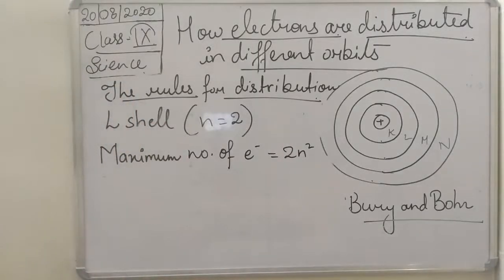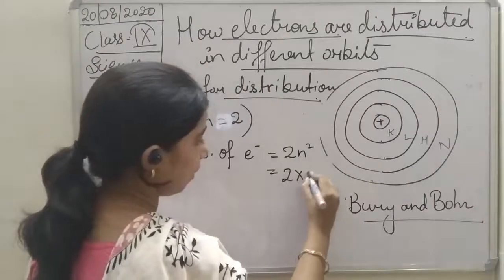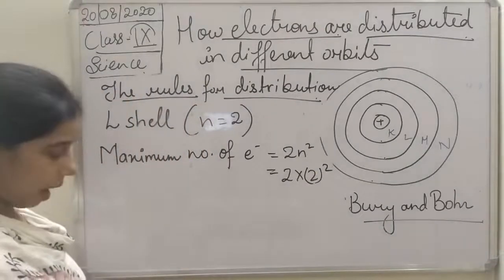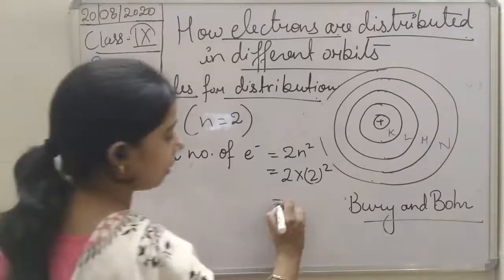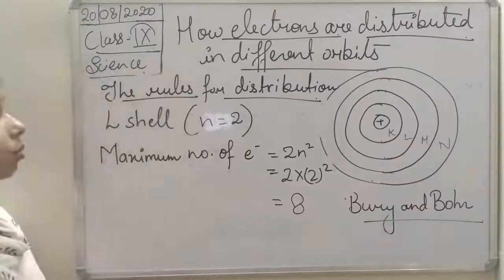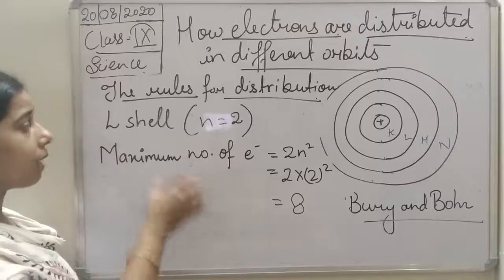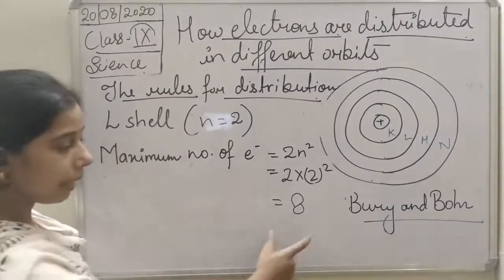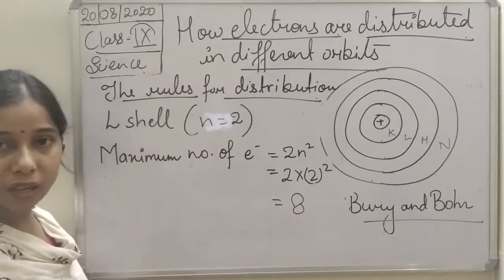So if it is 2n square, n is 2. So we write 2 into 2 whole square, and this gives the value 8. So the maximum number of electrons that the L shell can accommodate is 8. So L can accommodate only 8 electrons.